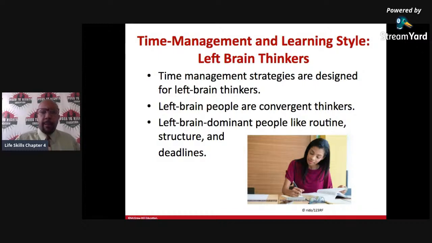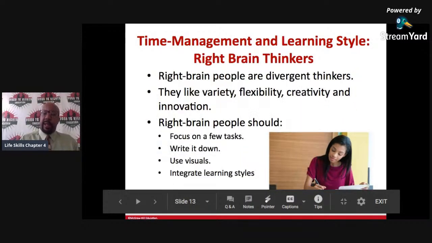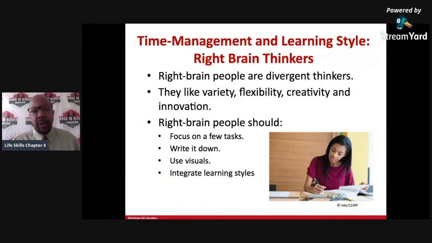So left brain dominant people tend to like routine, they like structure, they like having deadlines. Where the right brain thinkers tend to be a little bit in contrast to that, in that they like variety, flexibility, creativity, and innovation. They do better when they're creating.